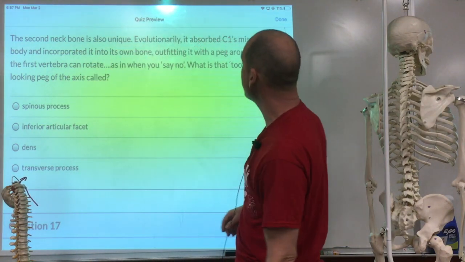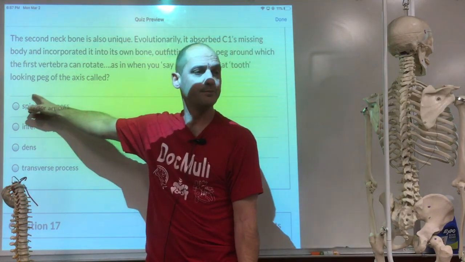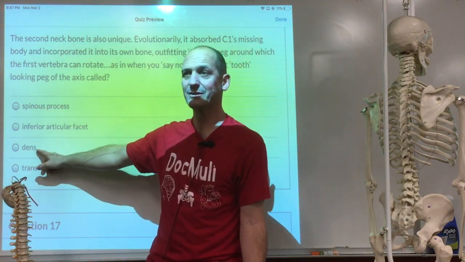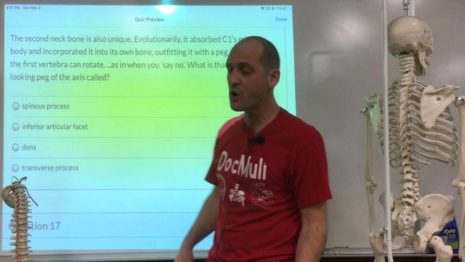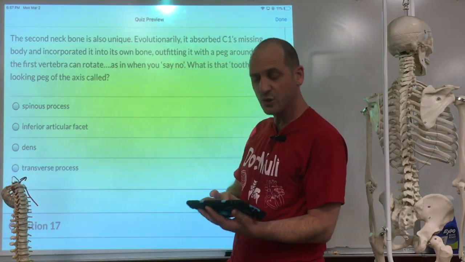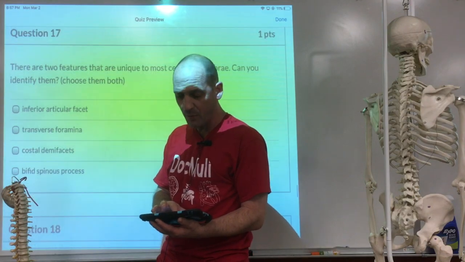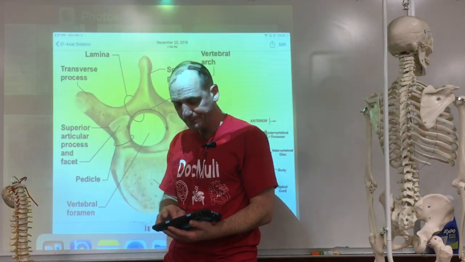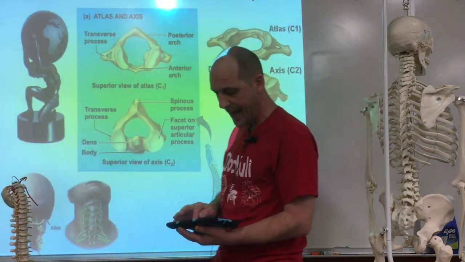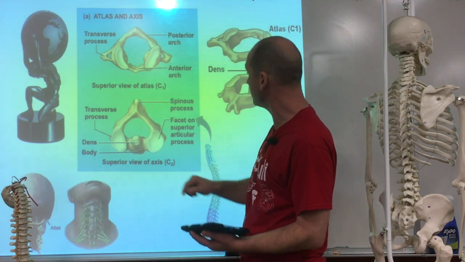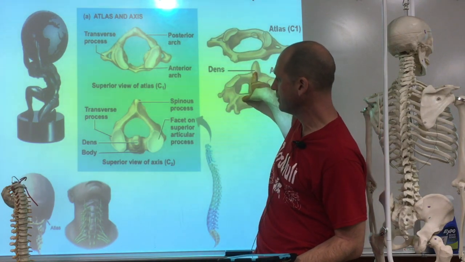So what is that thing called? The peg. The dens. Good. The dens is the word we use. They also use odontoid process. If you look it up in a booklet, it probably shows there too. Let's see. Atlas. No, it just says dens. Dens, that's good.